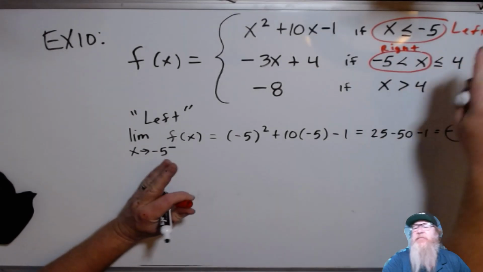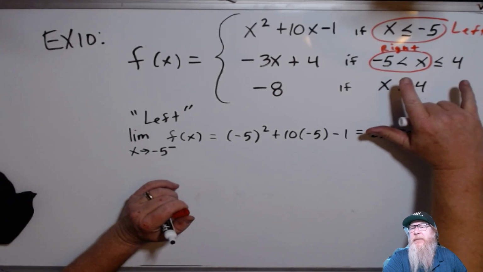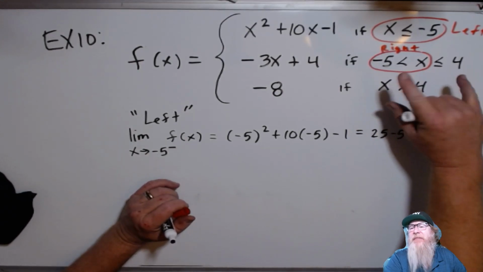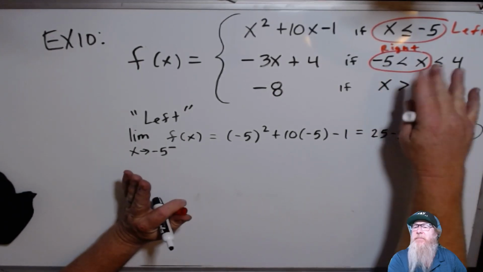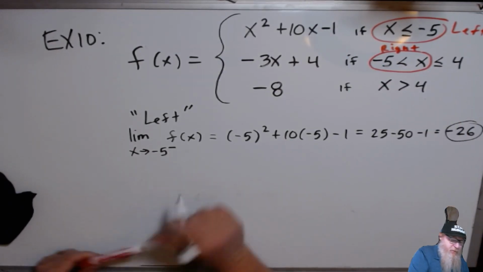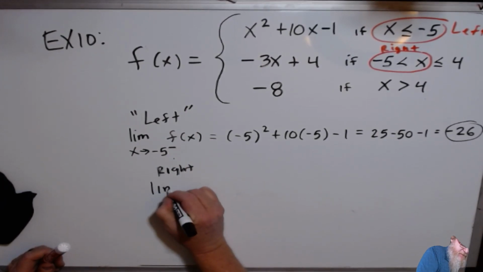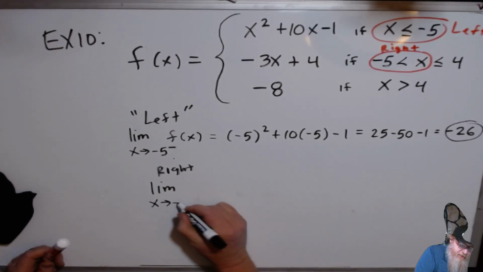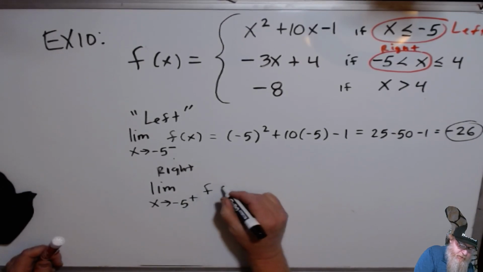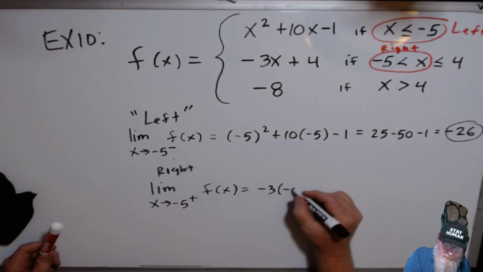It's right of -5. You could also call this the middle, because it's between -5 and 4. But for the time being, it's to the right of -5. So on the right-hand side, the limit as x approaches -5 on the right, well, I use this piece of the function.